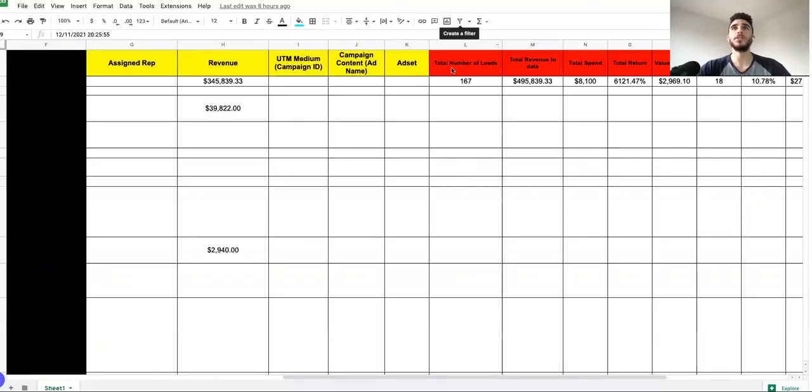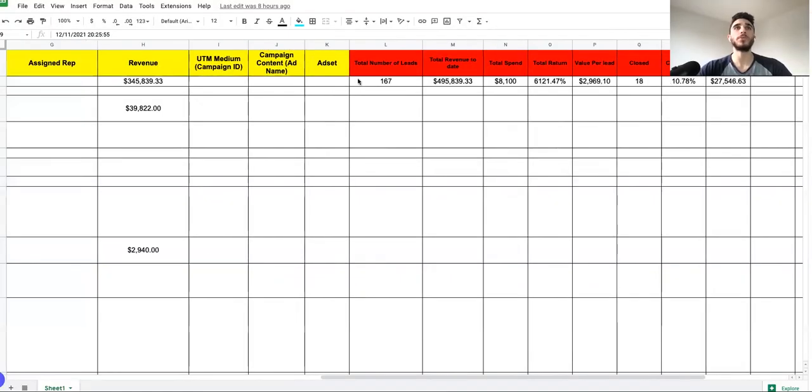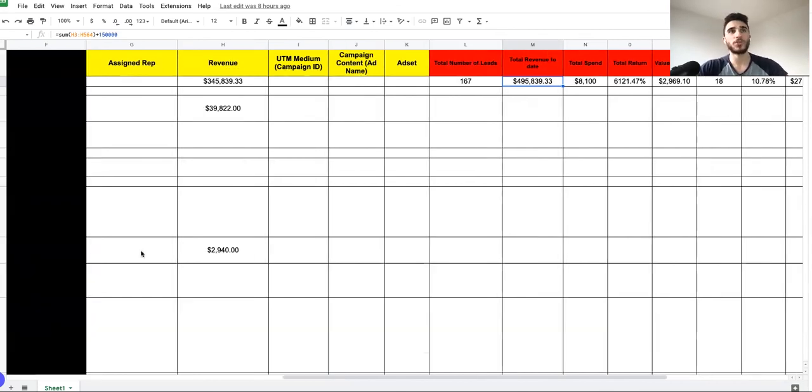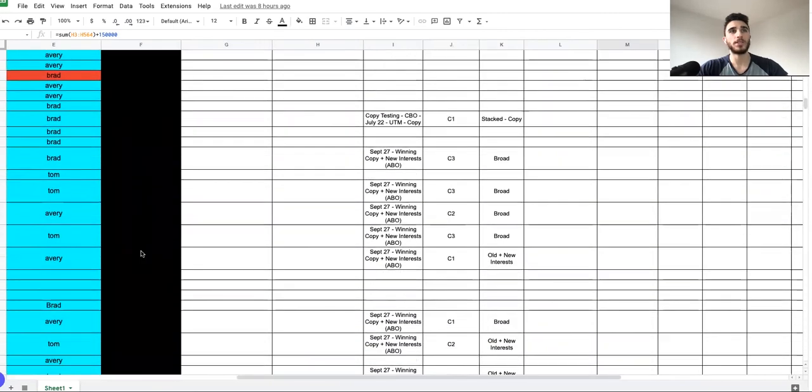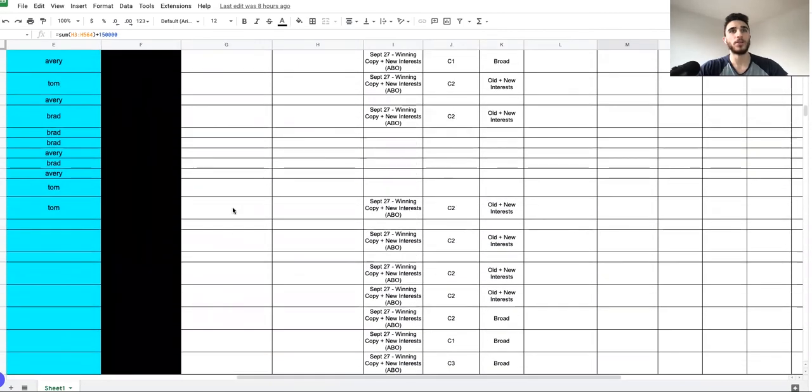And what this results into is quite a profitable campaign. So we spent $8,100 on lead generation campaigns. We had other campaigns for hiring and stuff. So $8,100 was spent for lead generation, $495,000 was generated. It was probably another $100,000 because you scroll down all the way at the bottom. As you can see here, they didn't really leave any notes, right?